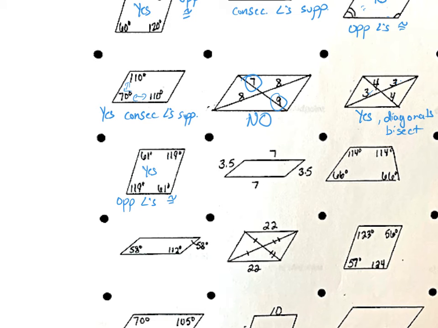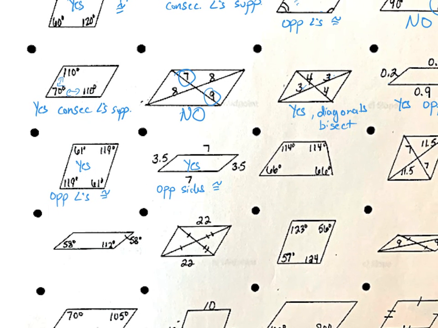This next one, opposite sides are congruent, we can say yes. Here you have to be careful, because the opposite angles have to be congruent, and they are not. So this is a big old no. It tried to trick you by giving you consecutive angles being congruent. So this is no.